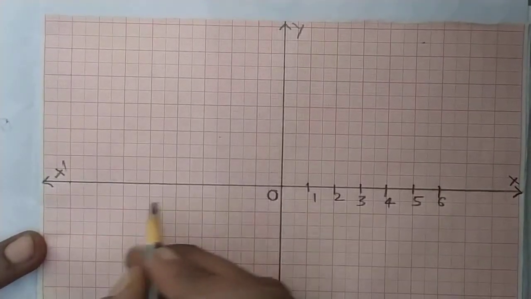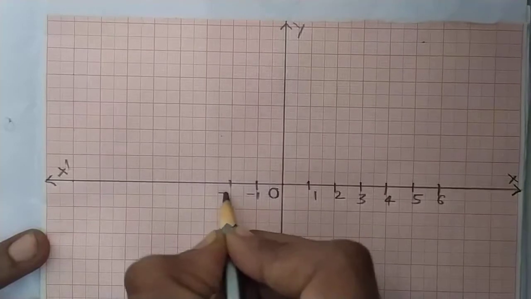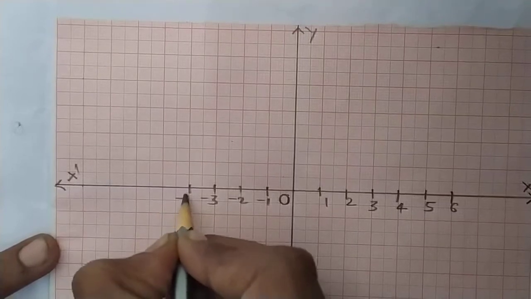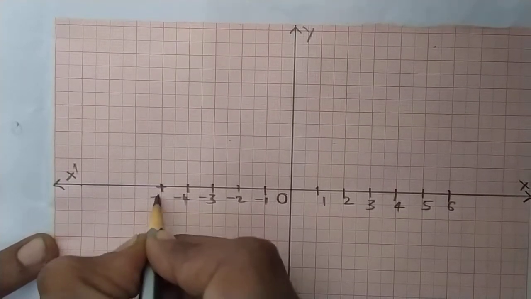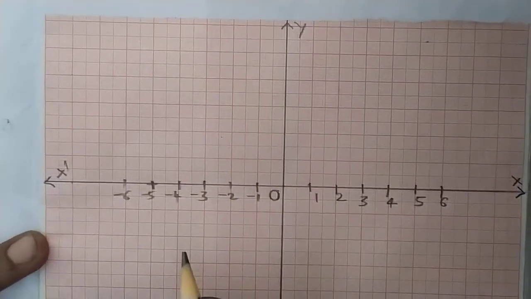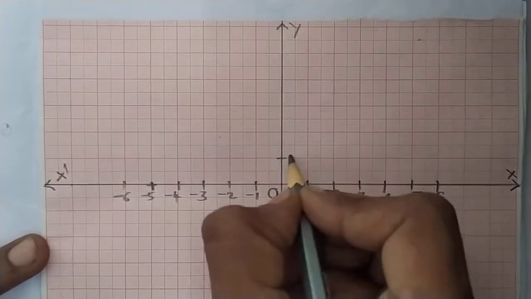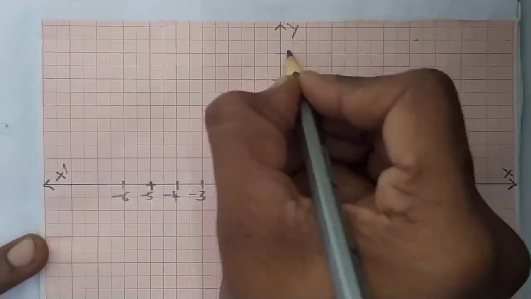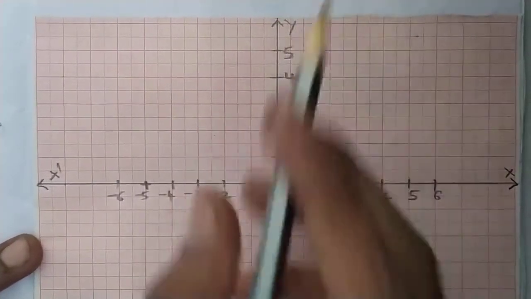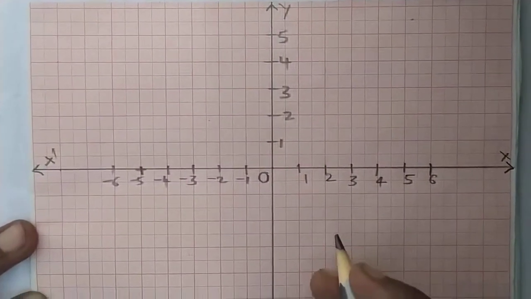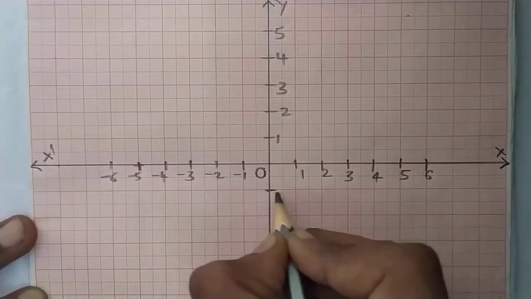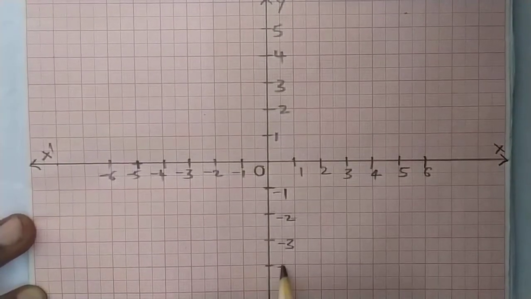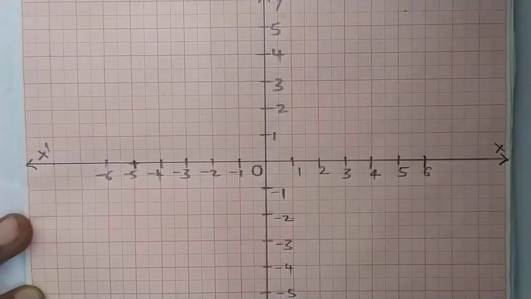Let us take the values on the negative x-axis -1, -2, -3, -4, -5, -6 and so on. Similarly, let us take the values on the positive y-axis 1, 2, 3, 4, 5, 6, 7, 8, 9, 10 like that. Let us take the values on the negative y-axis -1, -2, -3, -4, -5, -6 and so on.